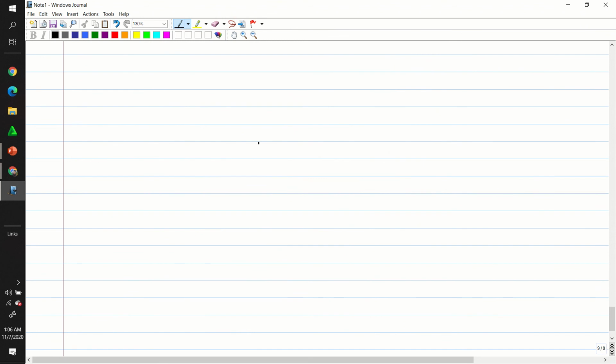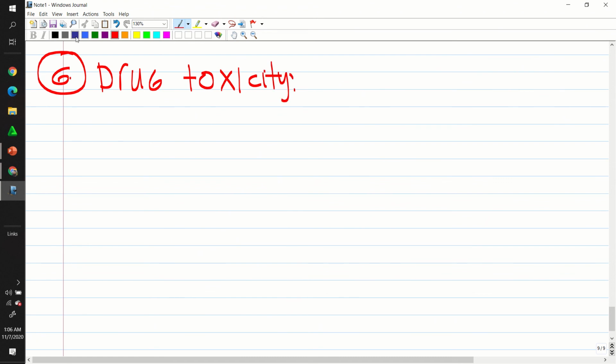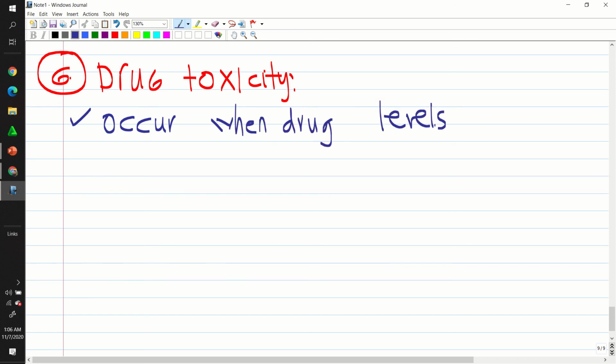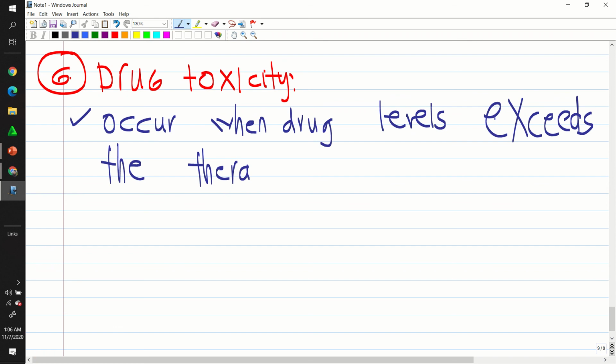And number 6, we have drug toxicity. Drug toxicity occurs when drug levels exceed the therapeutic range.